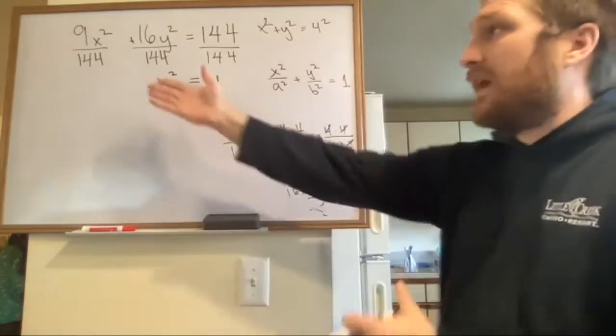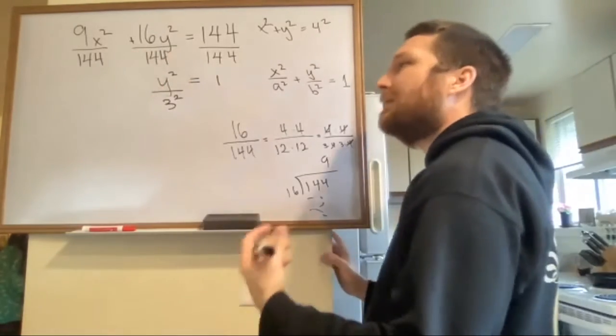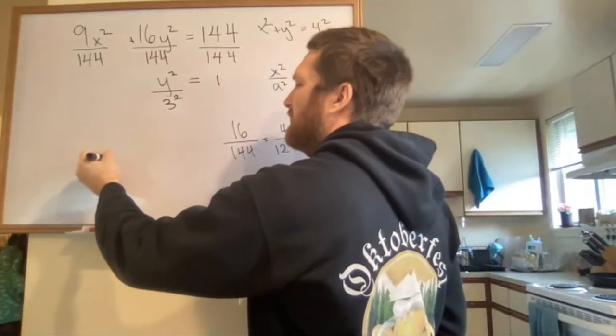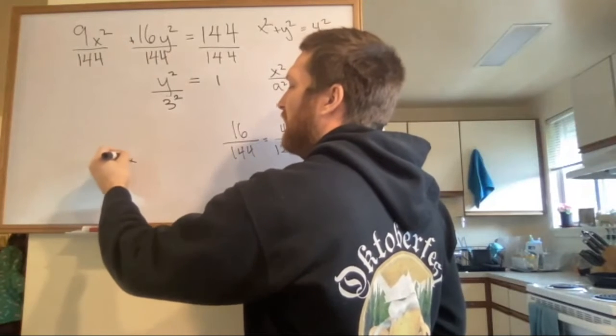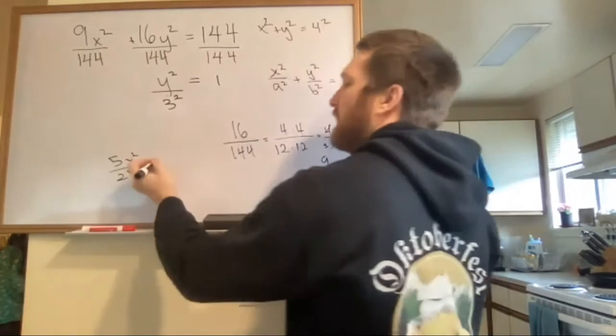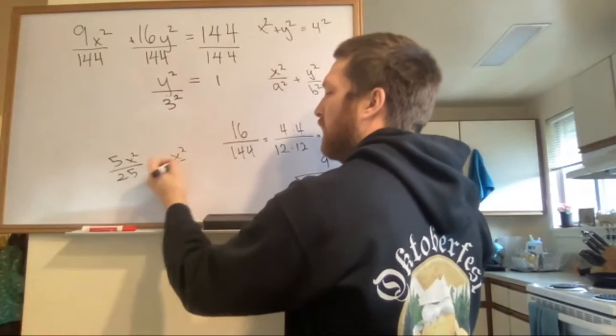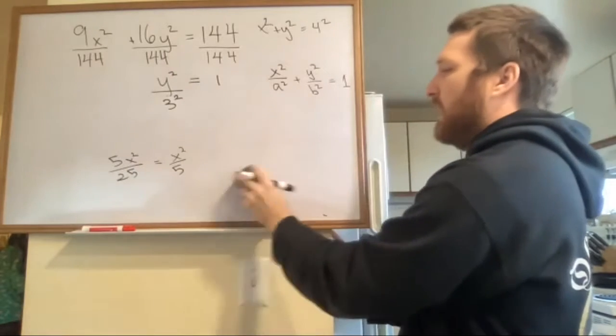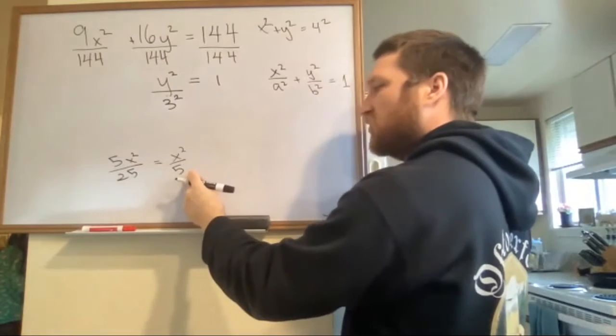Also, now this isn't going to happen with this example, but let's say we had something over something with x squared. And let's say, oh, I don't know, maybe it was 5x squared over 25. And so we reduce that and say, okay, it's x squared over 5. Well, that's not the form that I want. I want to turn that into something squared.